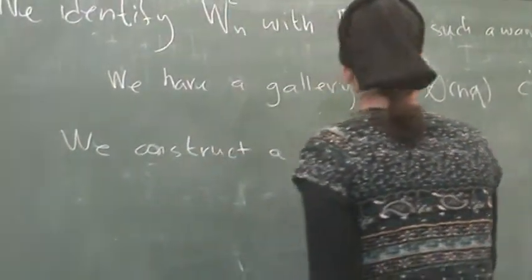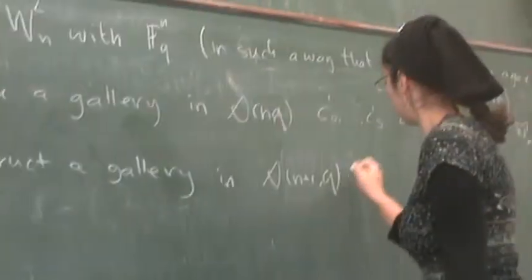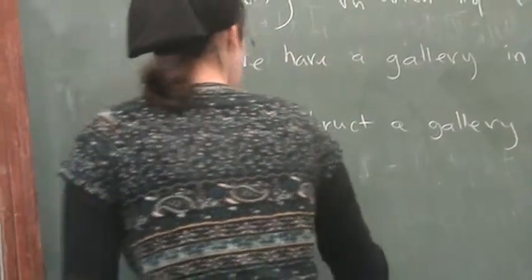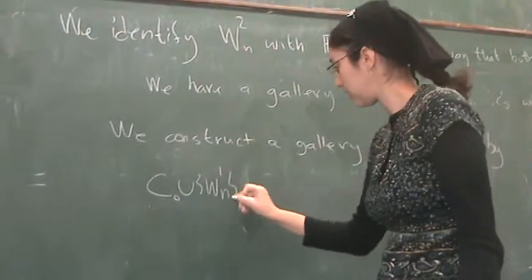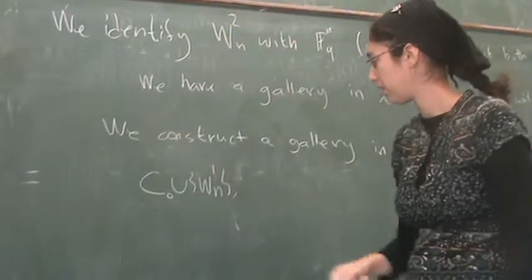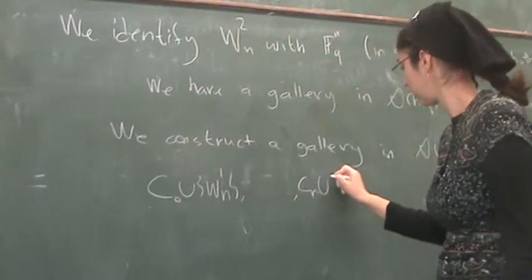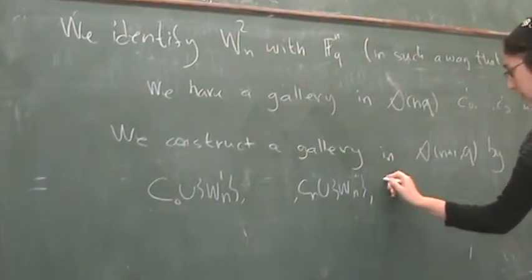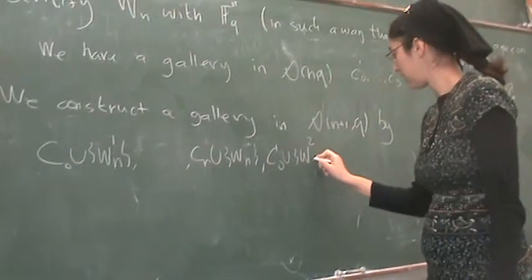The gallery in S_{n+1}(Q). Take the first gallery and add to each one the W_1n. And then we take the second gallery and add to it W2n.